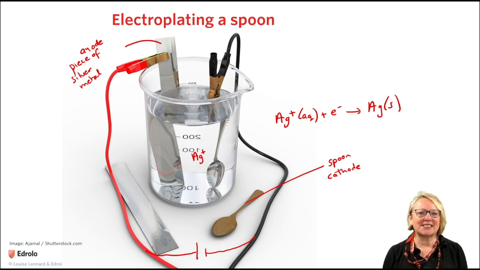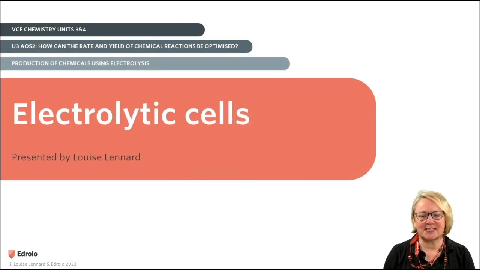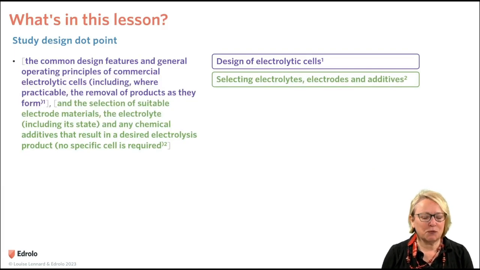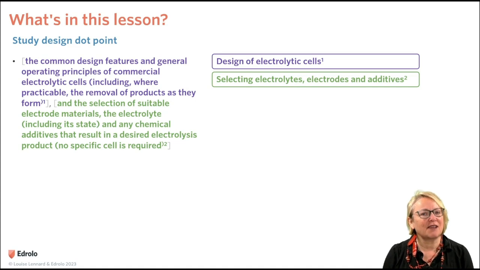So we're going to look at electrolytic cells in this lesson. In this lesson, we're going to look at the common design features and general operating principles of commercial electrolytic cells, and the selection of suitable electrode materials, including the silver that we just saw as the anode in the previous example, the electrolyte including its state, and the electrolyte we had in the silver plating cell was silver aqueous ions, and any additives that result in a desired electrolysis product.